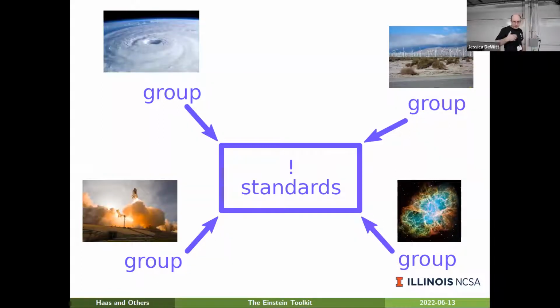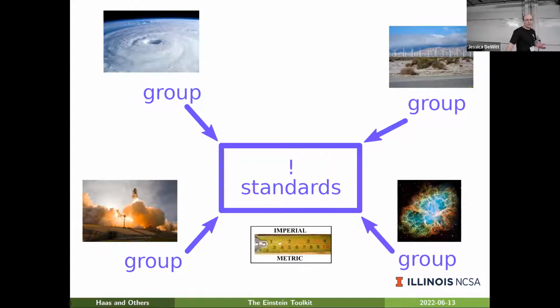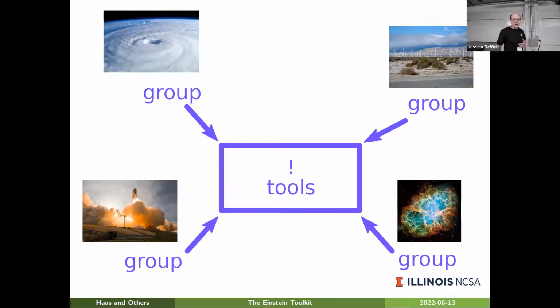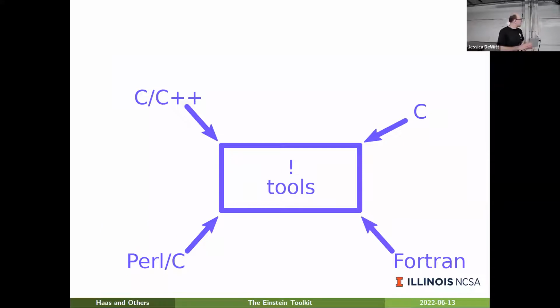Right. We tend to encourage standards to make it possible for different groups to collaborate. This might be using standardized file formats, for example, HDF5, rather than everybody home-cooking their own ASCII file format all the time. We provide a set of tools that you can use.